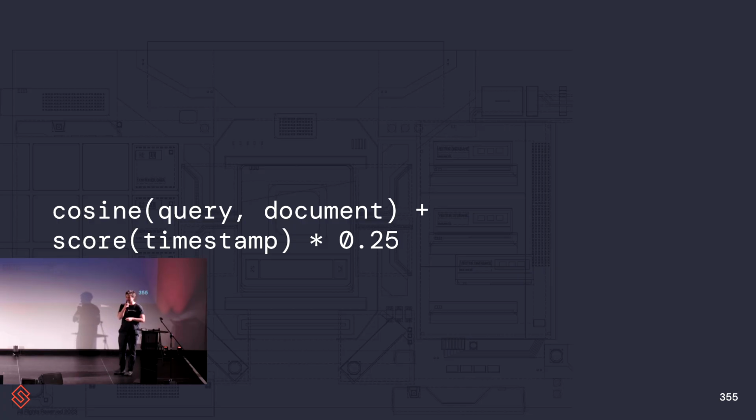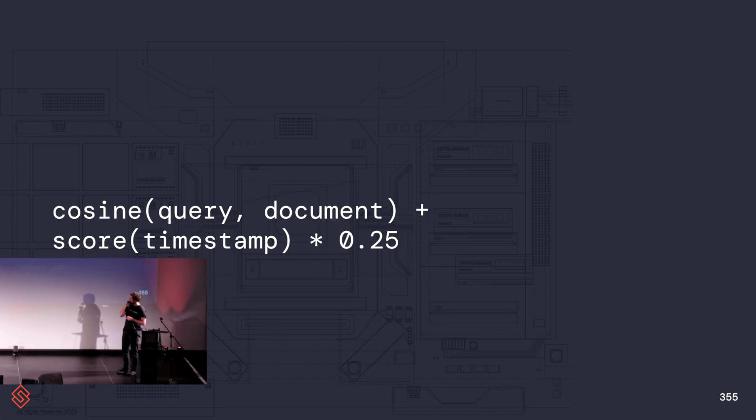But let's say you design a custom scoring function that now combines something from the metadata and the cosine similarity itself. Again, in different systems, you implement this differently. I think it's called a custom function in OpenSearch. But at the end of the day, this is what drives the quality of your results.